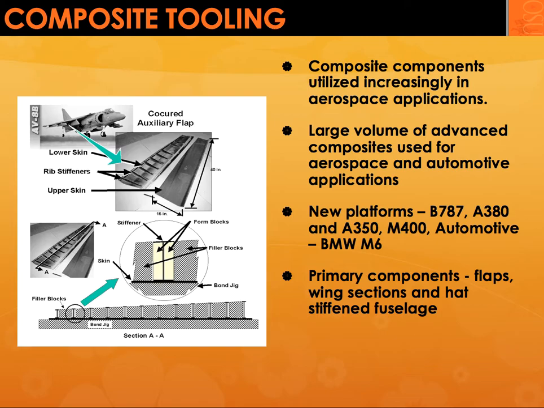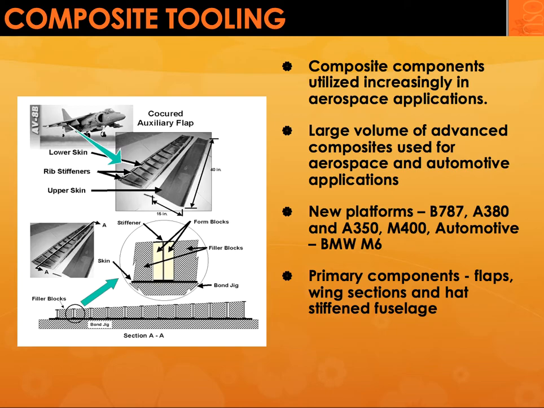That's because many of the primary components nowadays for these new platforms like the 787, A380, and things like that, or even the new automotive platforms like the BMWs, and I think now Honda is also trying to make cars with composite parts, like the roof and things like that.